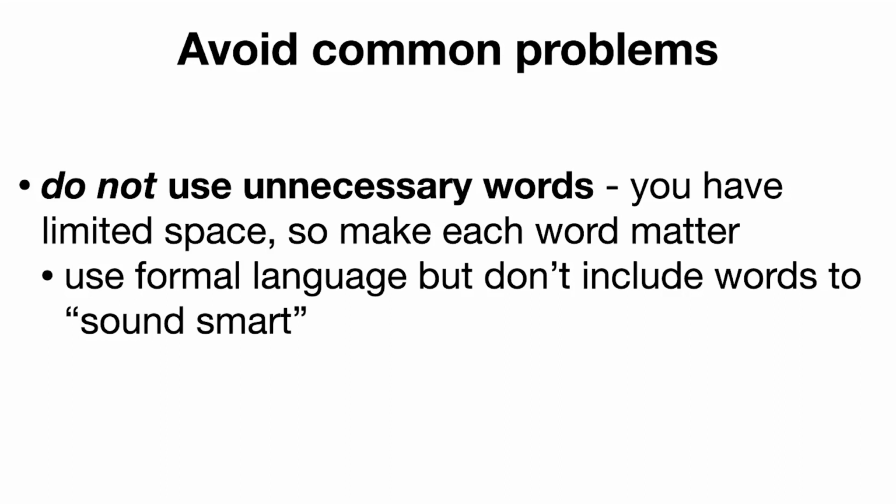There's a bunch of words that aren't really necessary, but people might include, especially when we're training scientists and we're trying to sound smart, but we don't feel smart. We can include these extraneous words that we don't need, and those are just going to add bulk to the text and leave us with fewer words that actually do matter. So try to avoid those sorts of things, but know that it can be really hard.